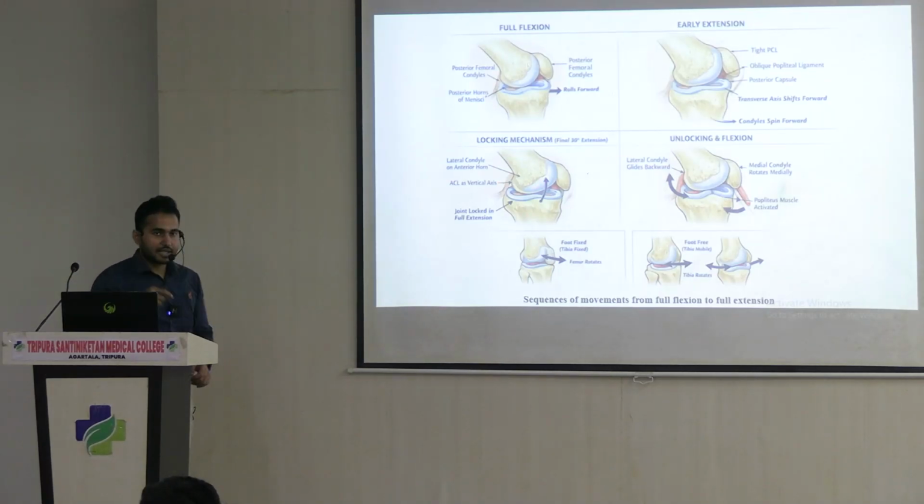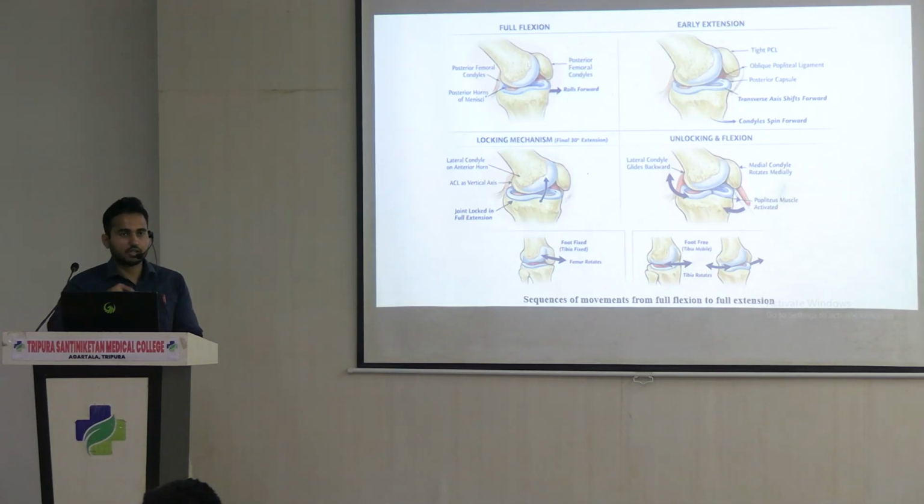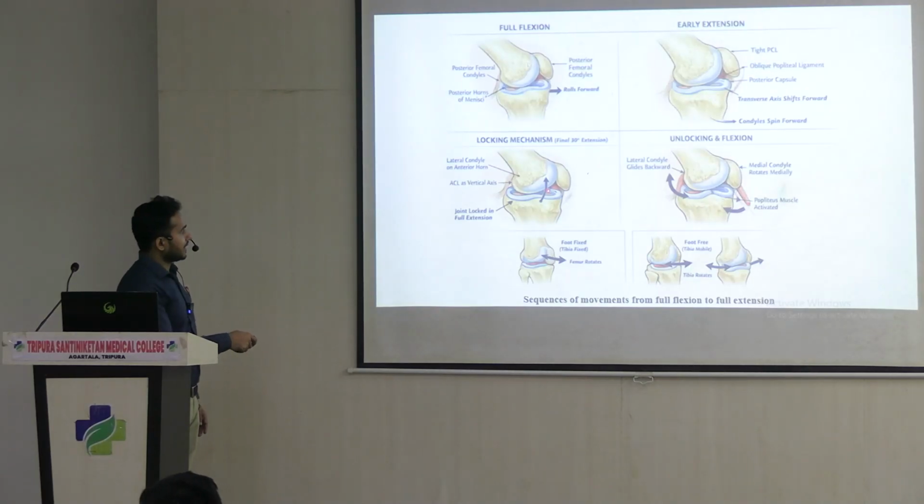Okay, and around that, the vertical axis is formed through which the medial femoral condyle rotates backward and medially. Okay, the medial femoral condyle will rotate backward and medially. Now, simultaneously, the lateral femoral condyle will glide forward with the lateral meniscus, as you can see in the diagram.